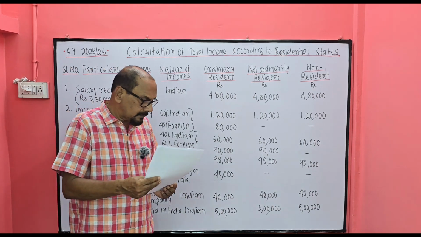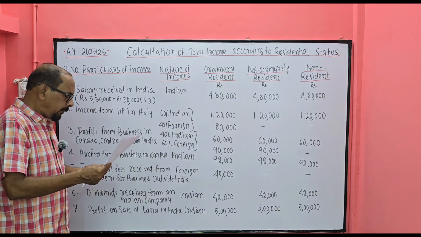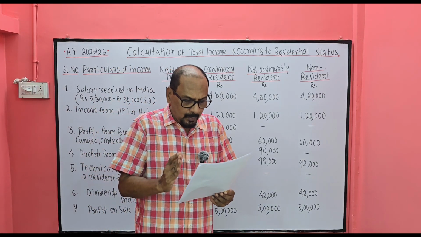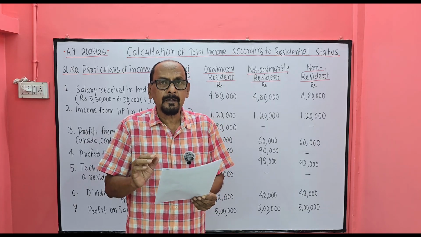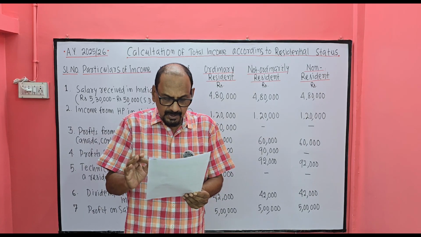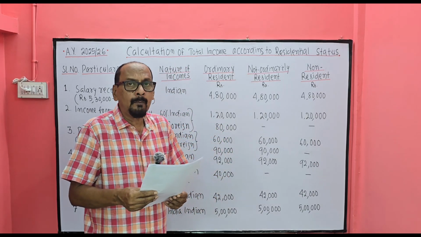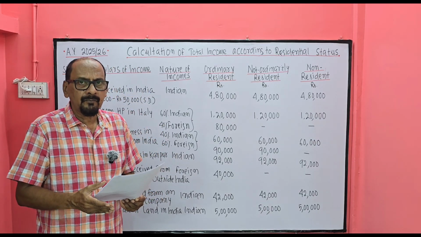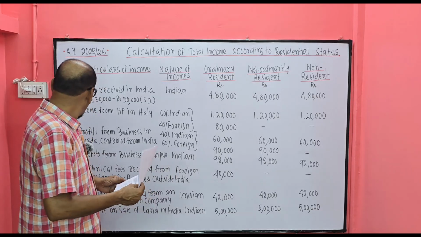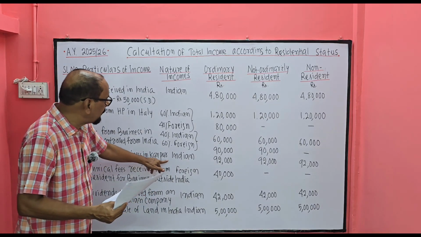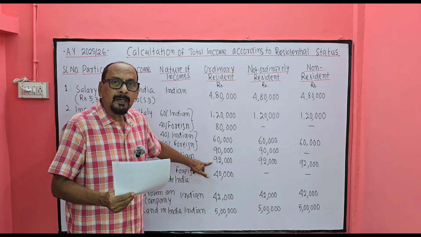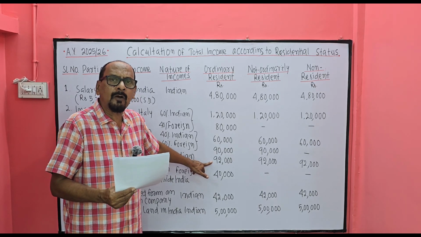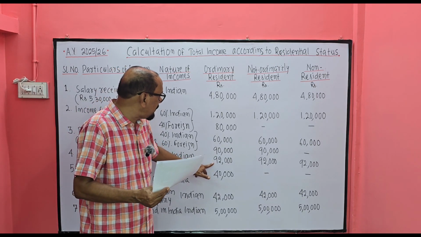The fourth one: profit from a business in Kanpur, controlled from Spain. Kanpur is in India, so the nature of income is Indian income, and it is taxable.